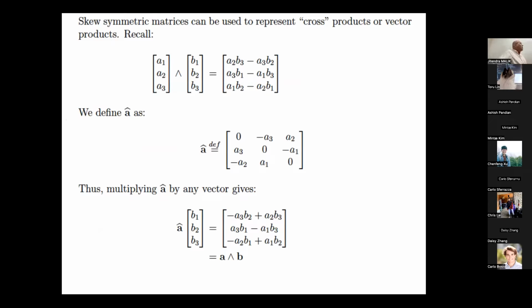Now I'm starting to get to stuff which is going to take us on this path of exponentials of something. So this is the idea of the cross product. Vector cross product is something you have learned in physics, and that's the top notation.